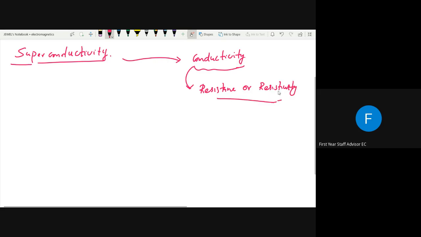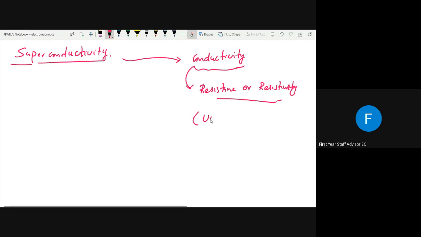During this conduction, during the movement of electrons through the surface of the material or metal, due to the vibration of atoms and other electrons, when charge carriers are moving through the surface, they will face some obstacles or suffer some collisions.